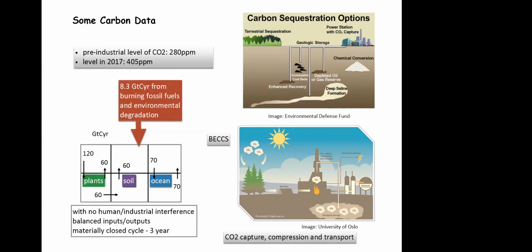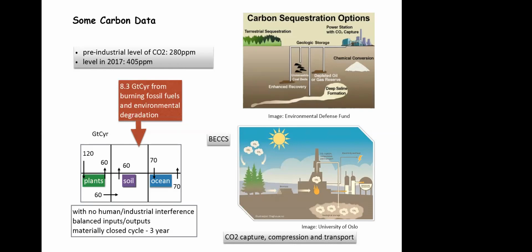They are drawn down by trees and other plants. 60 gigatons of carbon goes back up into the atmosphere when the plants breathe out or when they die. 60% goes into the soil. The soil gives up 60% back into the atmosphere again, and the ocean is stable at 70 in and 70 out.